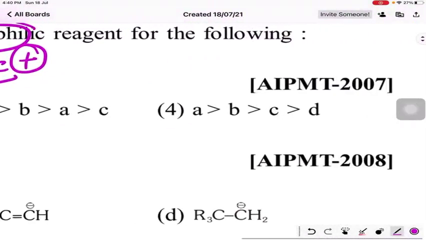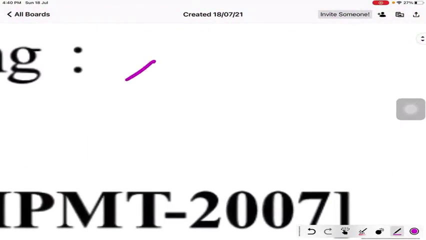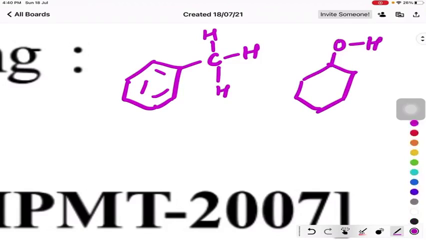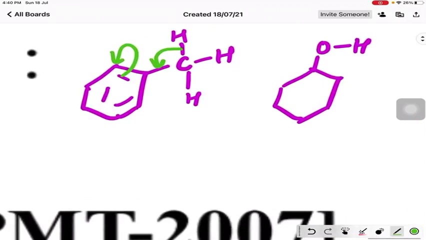So these are the structures. This is our toluene and it is releasing electron density through inductive effect or hyperconjugation. So we will consider hyperconjugation here, no bond resonance like this. Whereas this phenol ring is donating electrons through resonance.